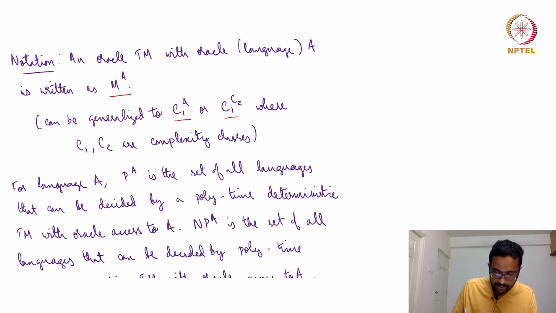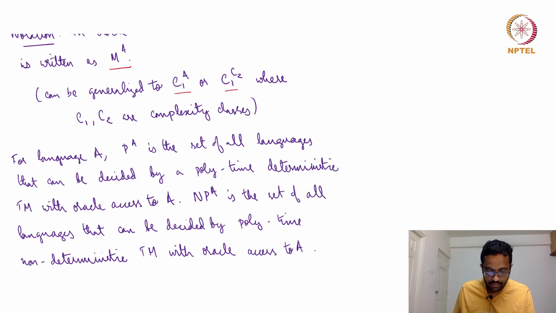So let me just define the first one. C1 with access to A means, so it's a complexity class. So first we'll use P superscript A to define it. So basically you have a deterministic polynomial time Turing machine, right? So what is P? P is a collection of languages decidable by deterministic polynomial time Turing machines, right?